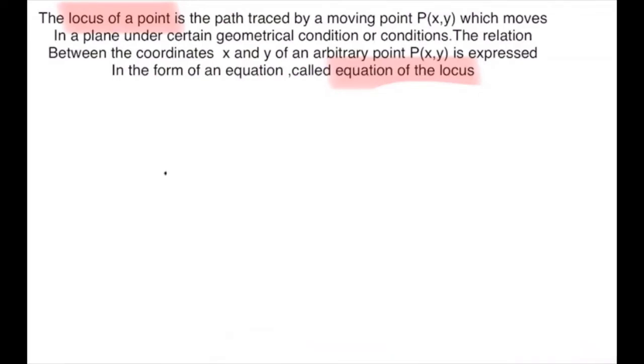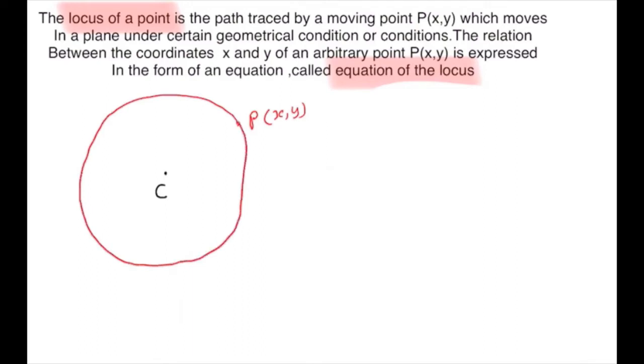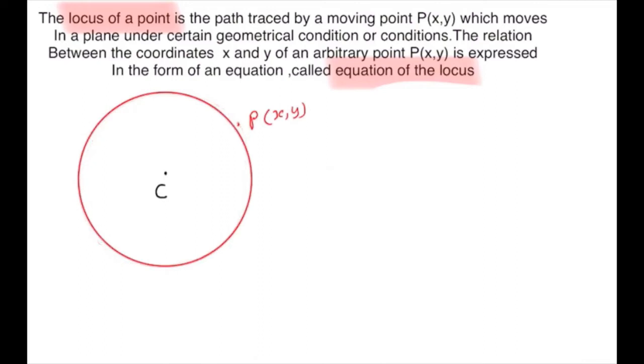Let C be a fixed point in the plane and P be an arbitrary point or moving point which moves in a plane such that its distance from the fixed point C remains constant. Clearly, the path traced by the point P is a circle.